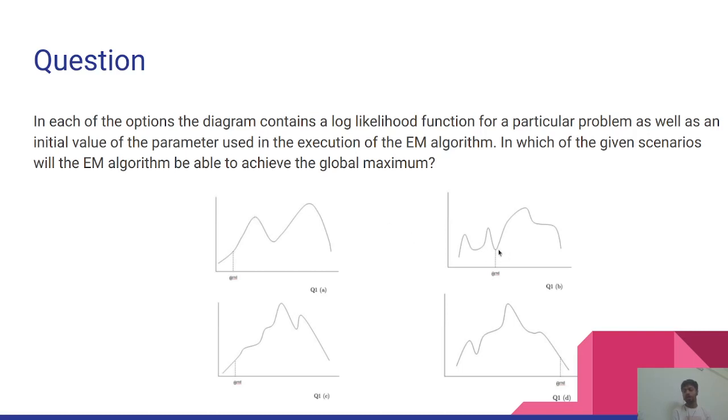But here, this is the minimum and we can take either side, left or right. If we go to the right, we'll be able to reach here. But if we go to the left, we'll reach here, and this is not the global maximum. So yes, it is possible that we will be able to reach here, but it is not guaranteed, because at this point we can go either left or right. So it is not guaranteed that we will reach here.